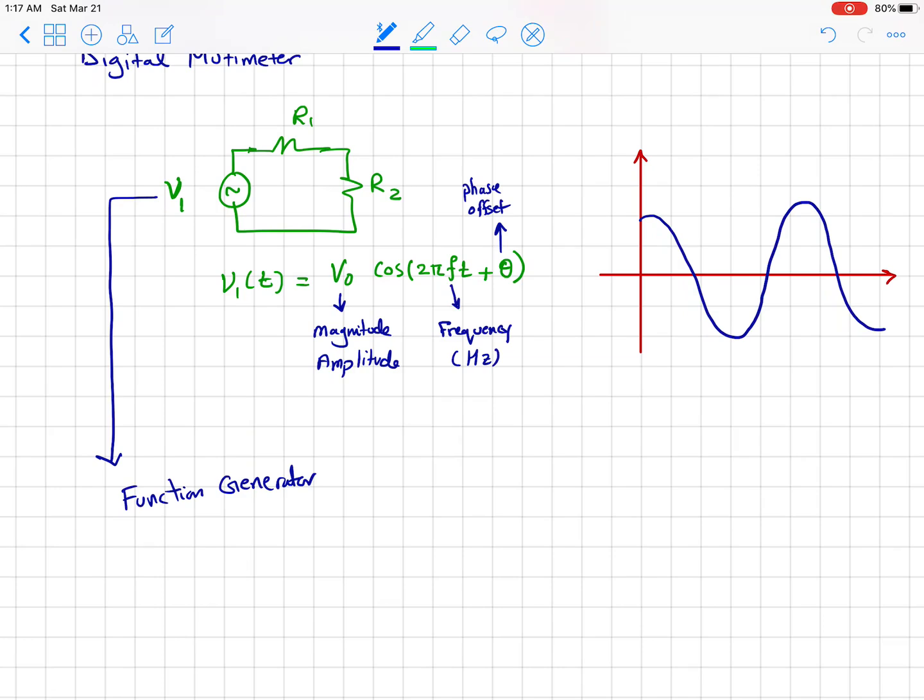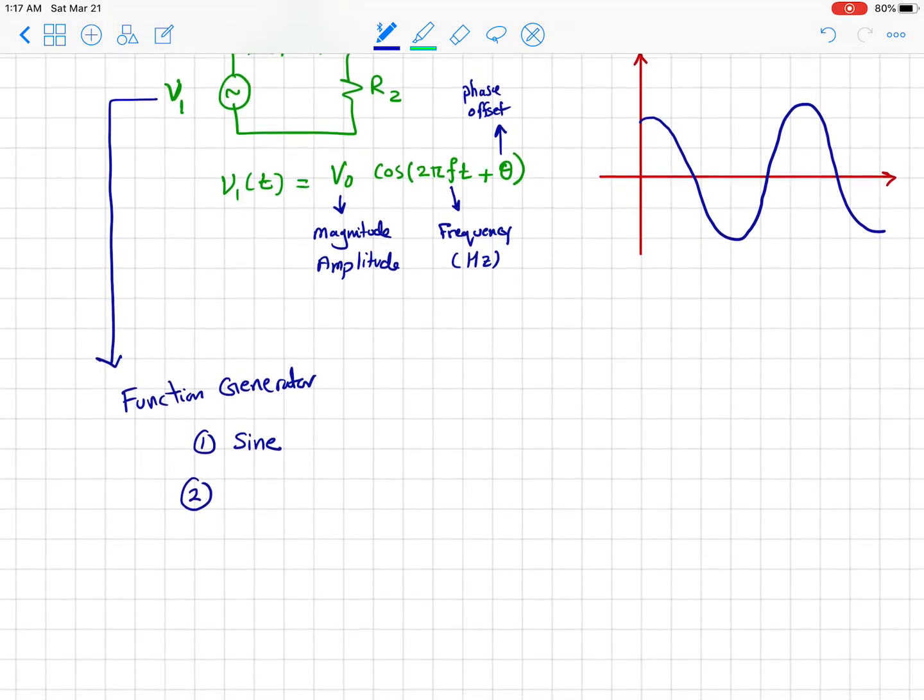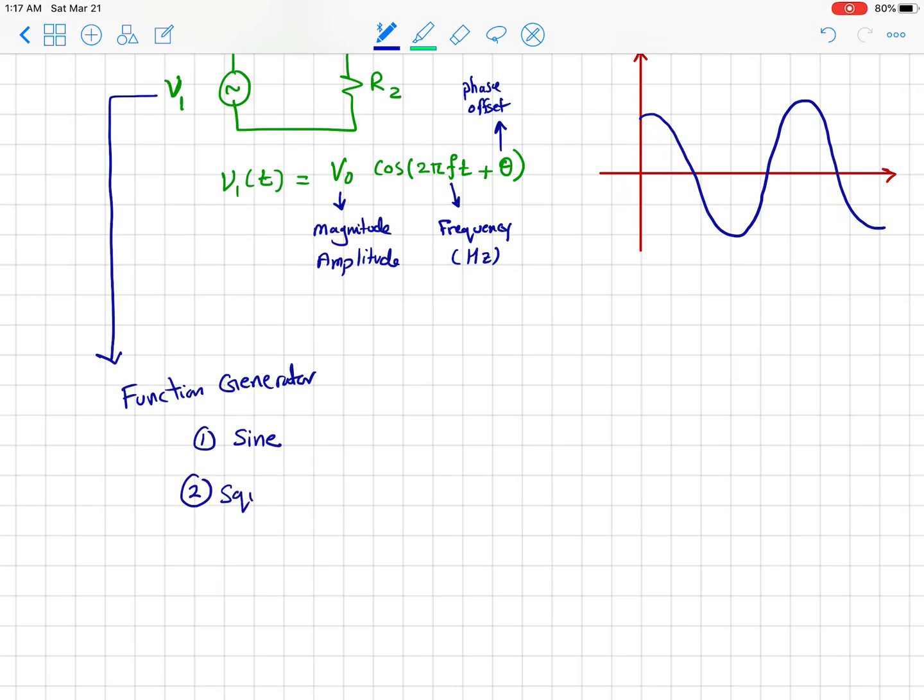So usually function generators generate three types of signals. One is sinusoids. The second one is square pulses, or square signal. Third one is triangle.